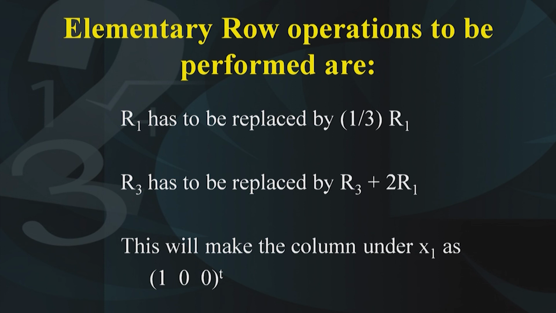Similarly, for the other row operations, R3 has to be replaced by R3 plus 2 R1, this will make it 0. You will observe that corresponding to R2 the entry is already 0, so nothing has to be done.